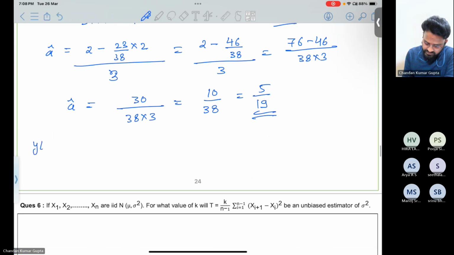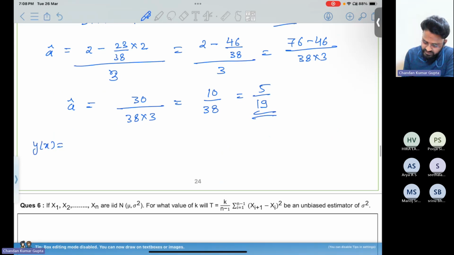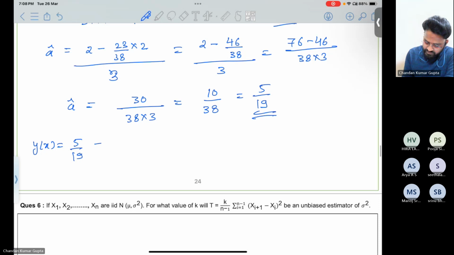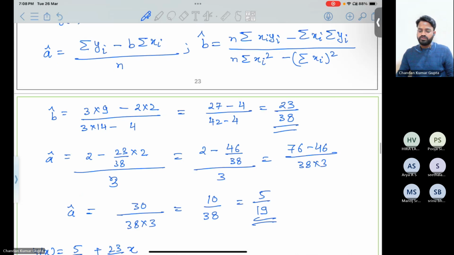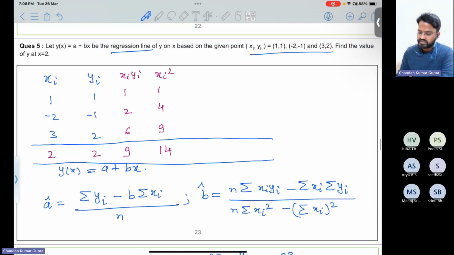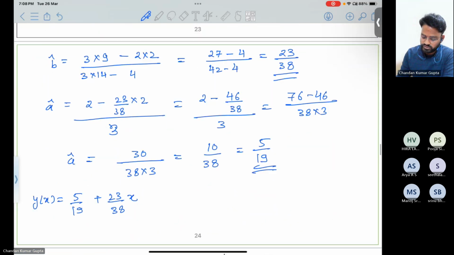So our regression line will be A plus B x, which is 5 upon 19 plus 23 upon 38 x. Now for the second part, we need to calculate y for x equal to 2.